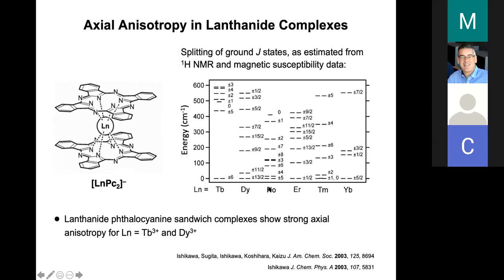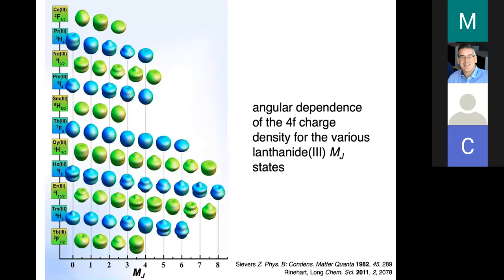And then you see here also some of the M sub J splittings for the J ground states of other lanthanide 3+ ions. So understanding why these splittings happen is about understanding the distribution of charge density in these various M sub J states.